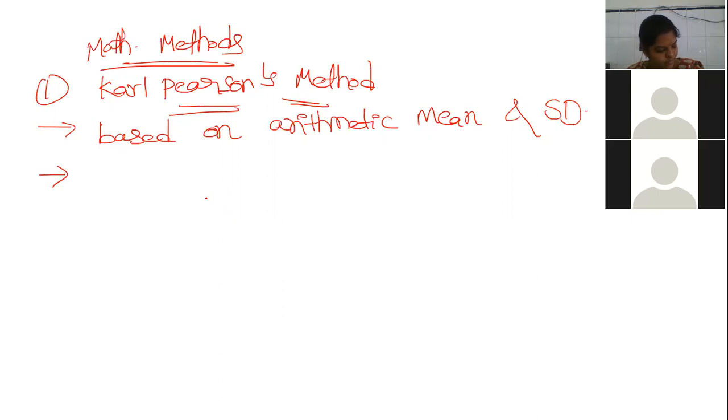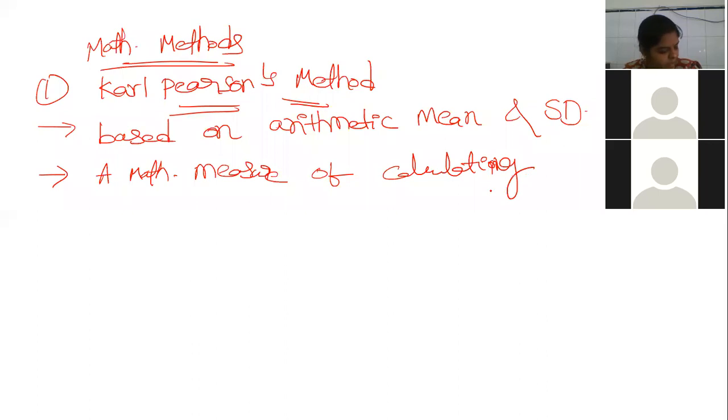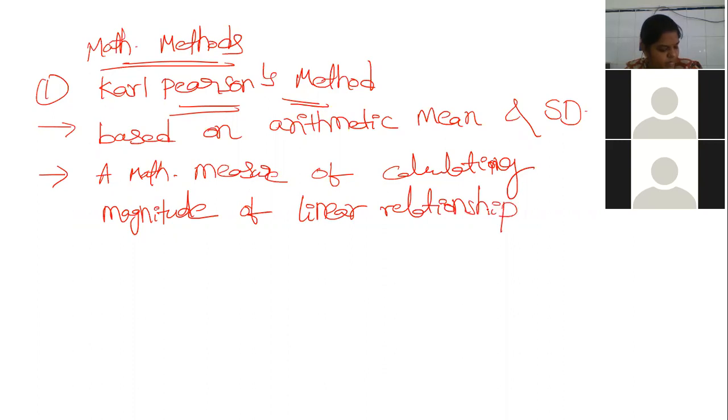The next point: a mathematical measure of calculating the magnitude of linear relationship between two variables.